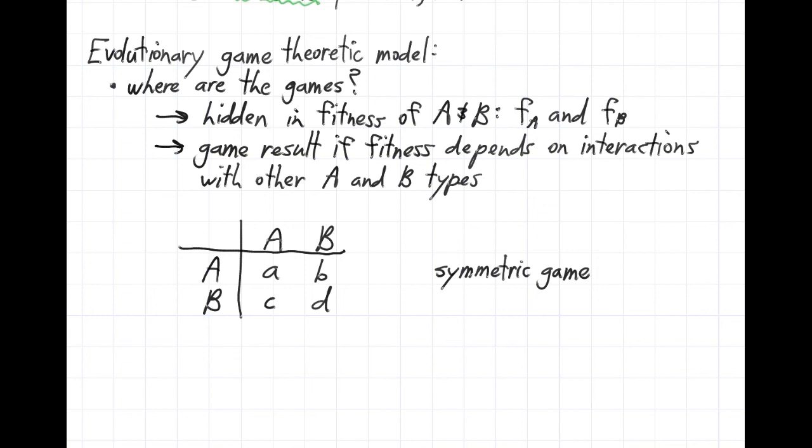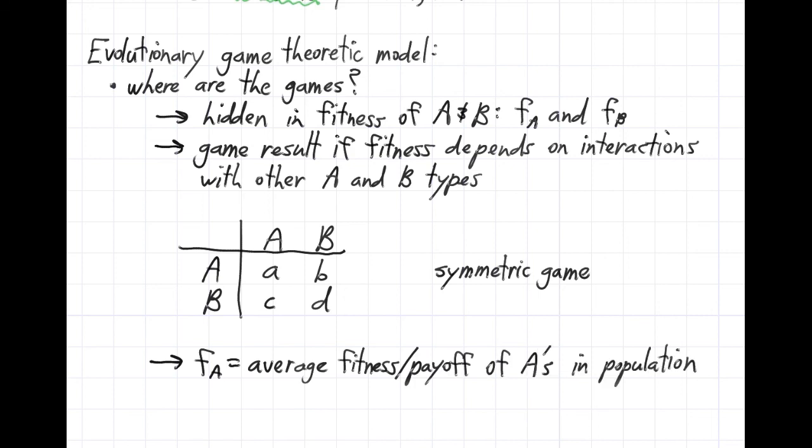So instead of just having a single FA, now maybe what we want is to say that FA is maybe the average fitness or payoff of A's in the population, and FB would be the average fitness or payoff of B's in the population.